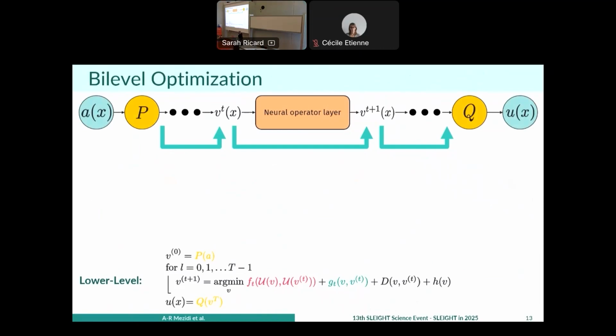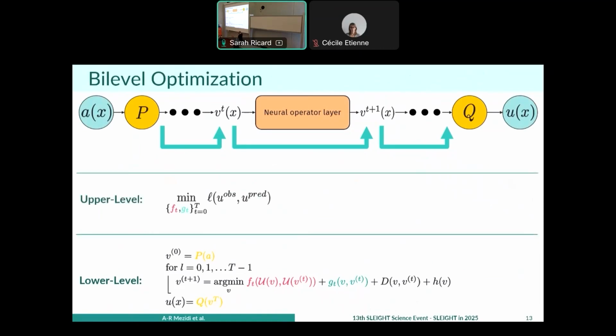After adding our lifting and projection layers, in order to train our model, we need to add another optimization problem, which will represent the minimization of a specific loss between the predicted output and the observed output.